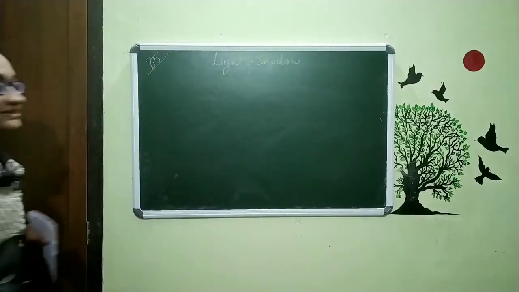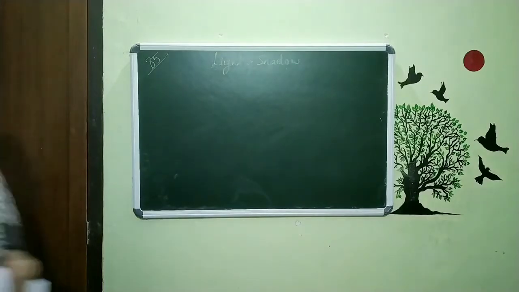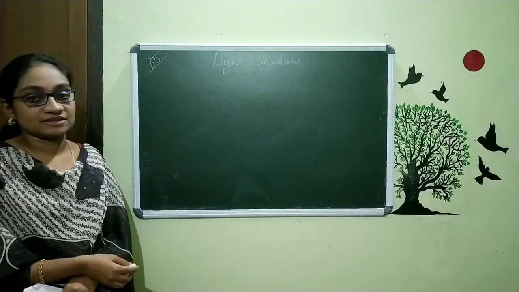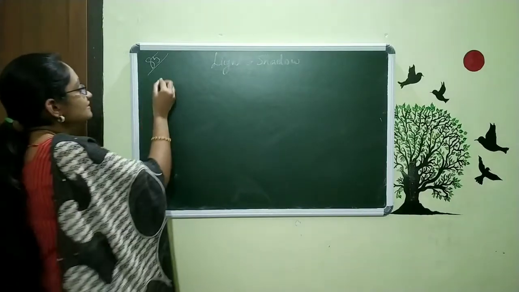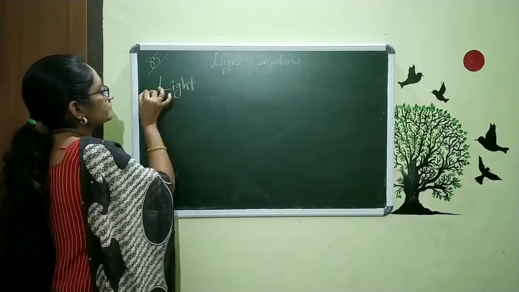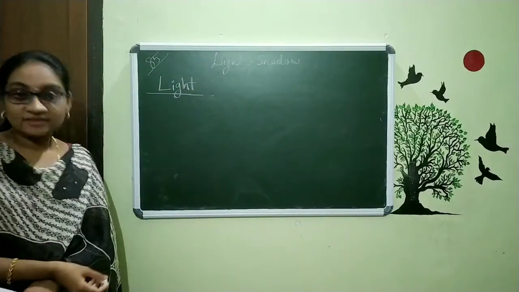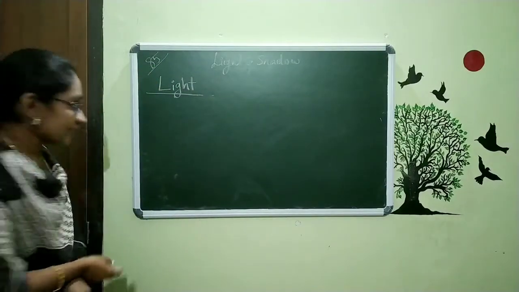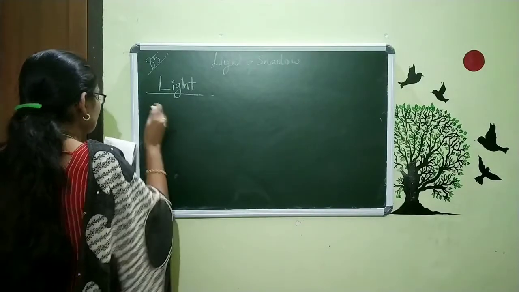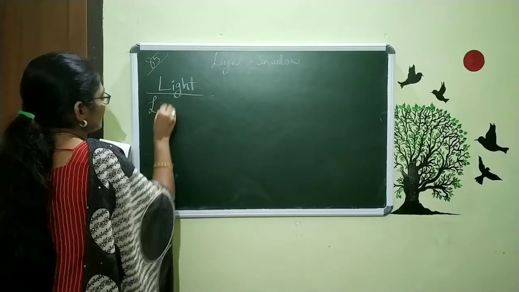In our previous chapter we studied different types of energy. There we studied about light energy. So, as the definition for light, we can study it as light is a type of energy or form of energy.